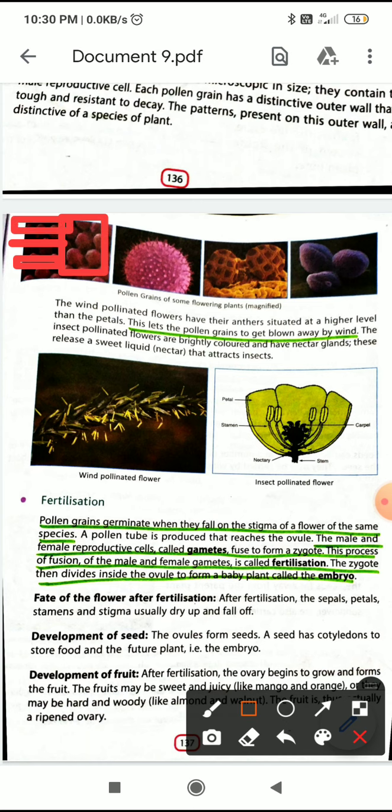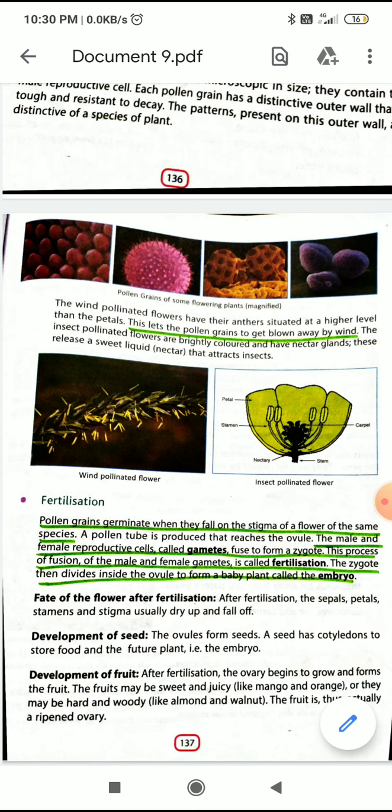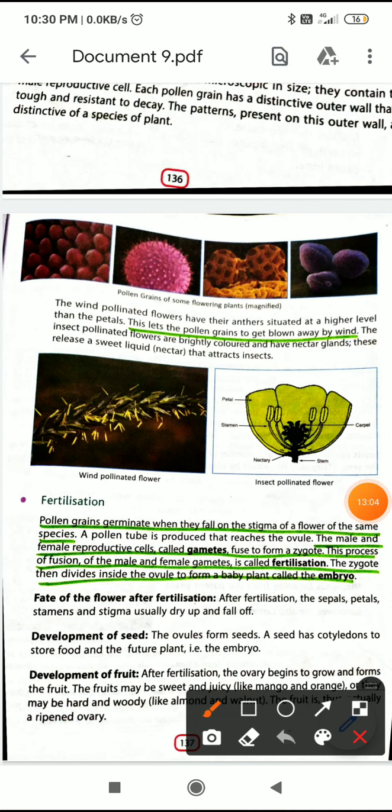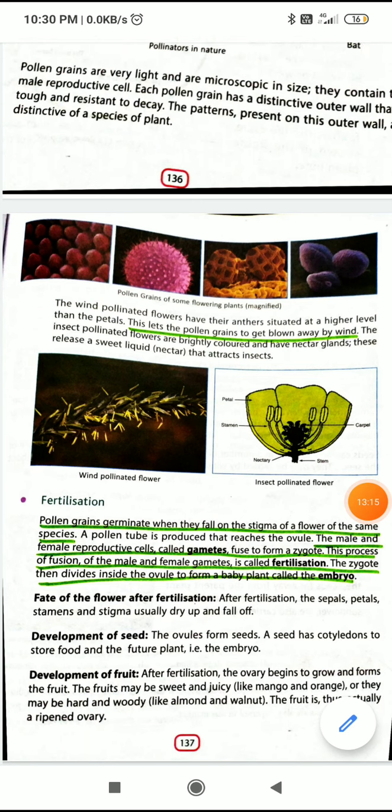This is another type of pollen grain, spiny outside, and you will find in some plants the pollen grains are like this.